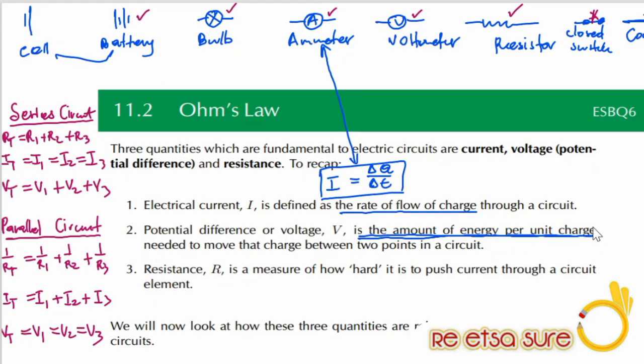That is why when you go to the shop to buy a battery, we have different kinds of batteries. There are the ones that are written 9V, there are the ones that are written 12V, there are the ones that are written 18V, and so forth. So it shows that the sizes of the batteries or the cells are not the same. So that is why here we are saying that the potential difference is the amount of energy per unit charge.